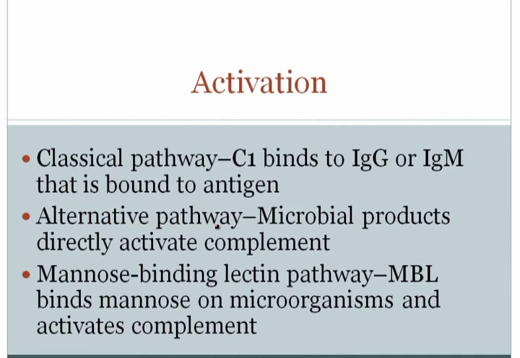The third pathway is the mannose-binding lectin pathway, also known as the MBL pathway. The mannose-binding lectin pathway gets activated when MBL binds mannose on microorganisms, and once the mannose is bound by MBL, that allows for the activation of complement. And so this is the third way by which complement can be activated.